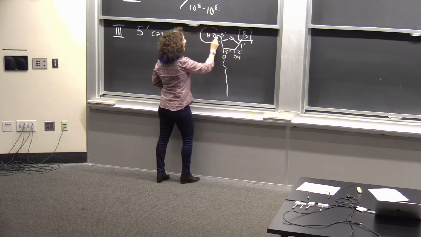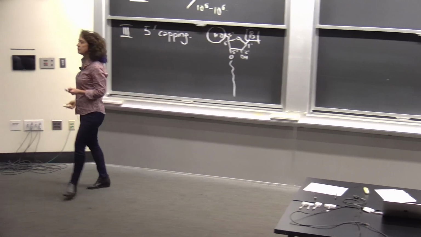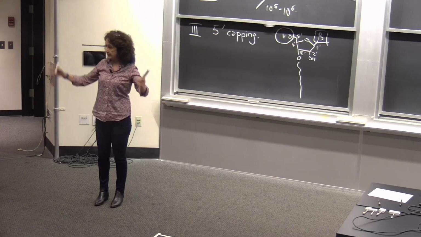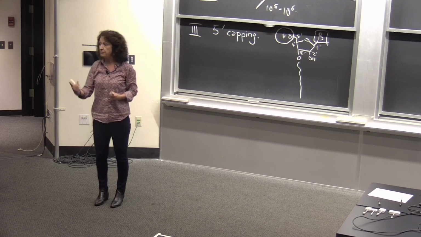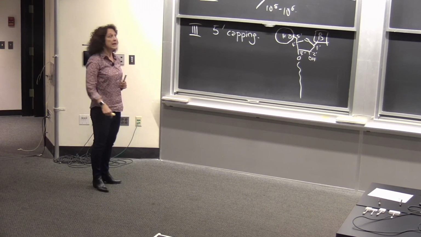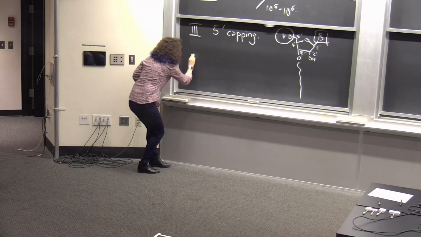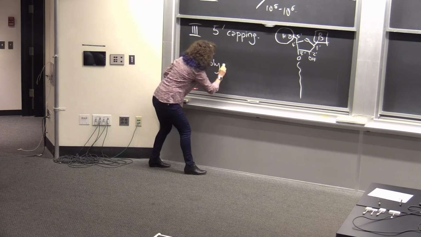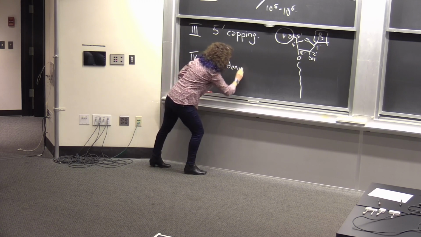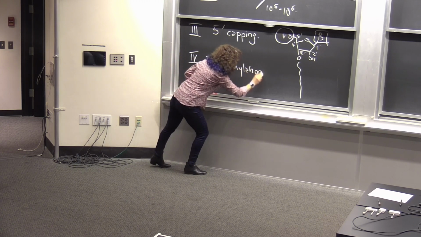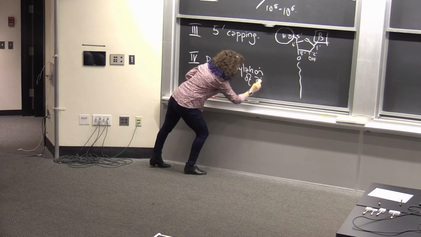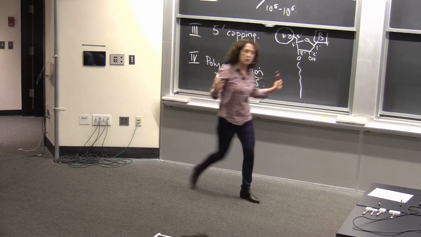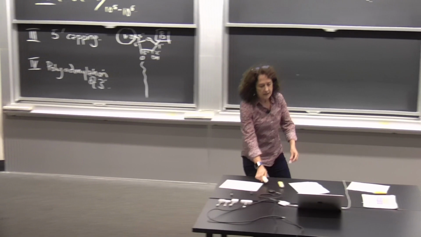It's something that's happening to this end of the messenger RNA that stabilizes it. So 5' capping is important for one end, and then at the other end, there is polyadenylation of the 3' end.